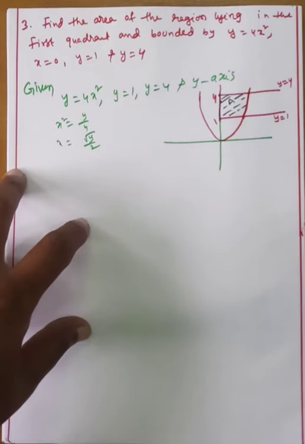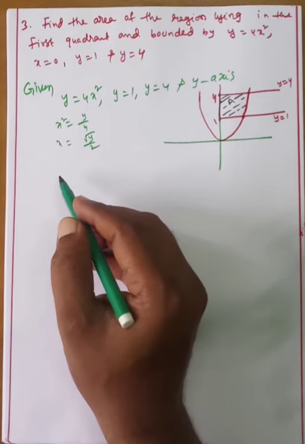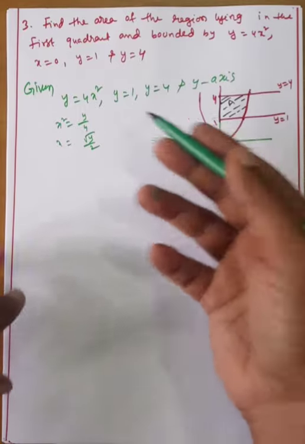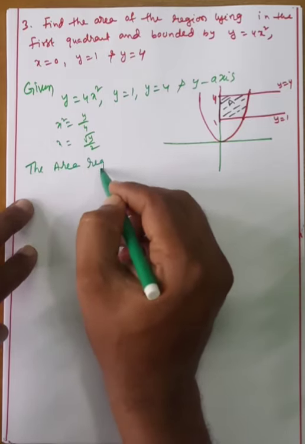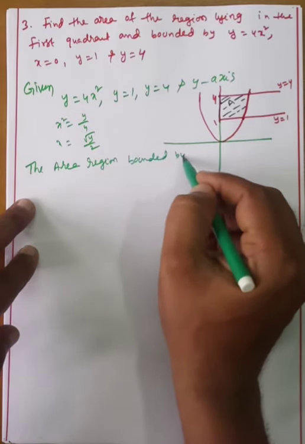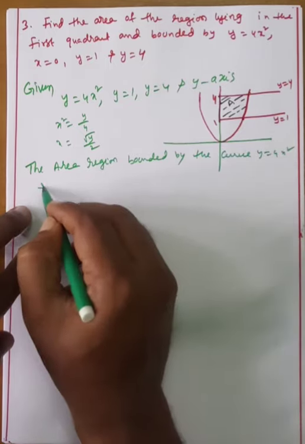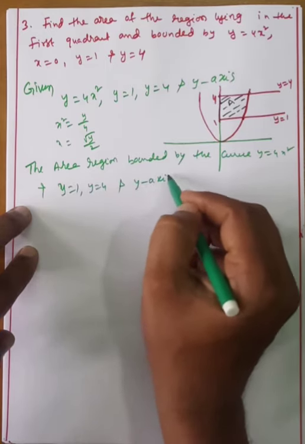Now the area is the region bounded by the curve y is equal to 4x square, y is equal to 1, y is equal to 4 and the y axis.